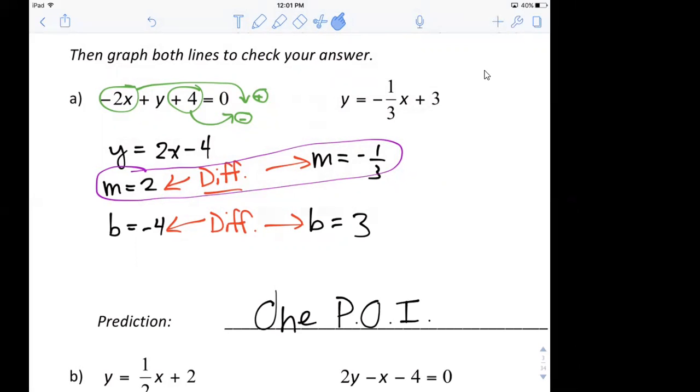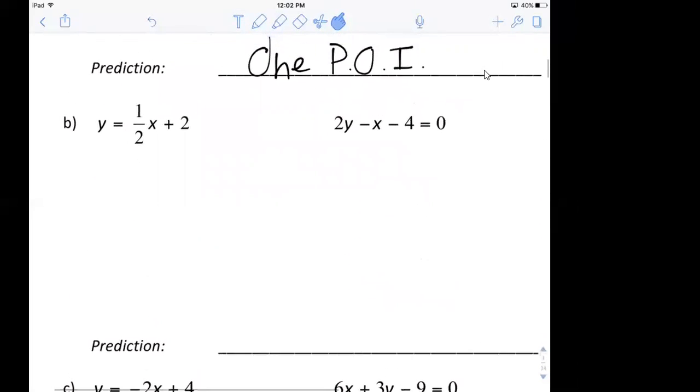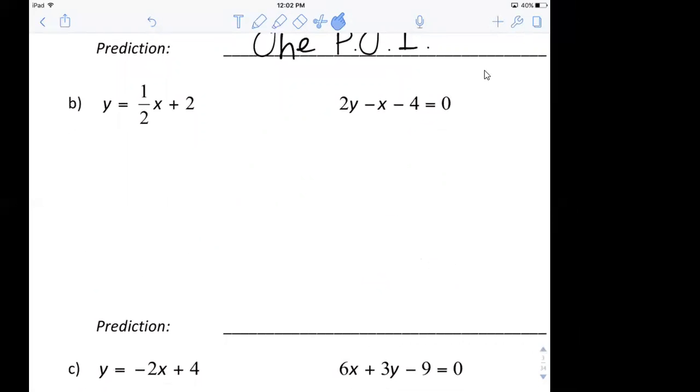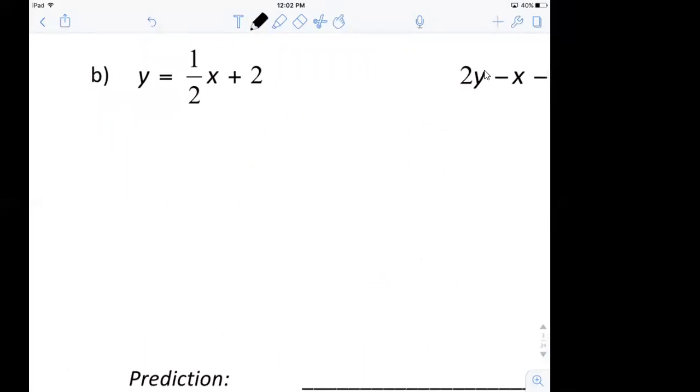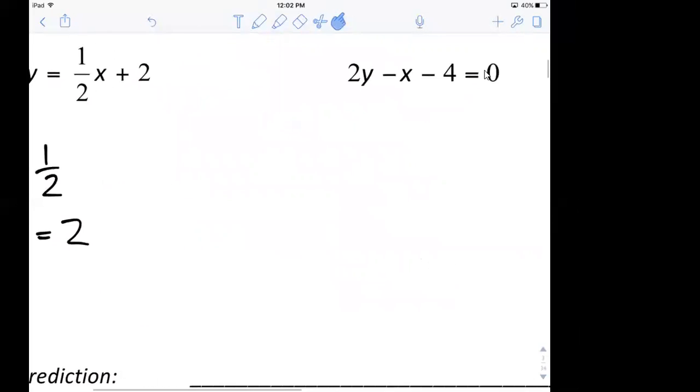Let's try and do a bit of rearranging and make a prediction for the second example too. Once again, we just want to identify slope and y-intercept. So here, the slope value is 1/2. The y-intercept is 2. For the other one, we're going to need to do a little bit of rearranging.